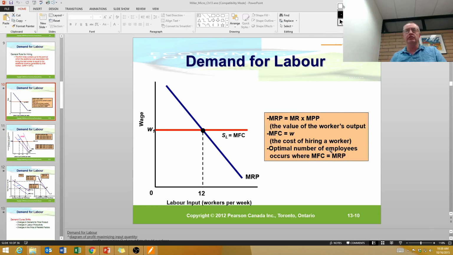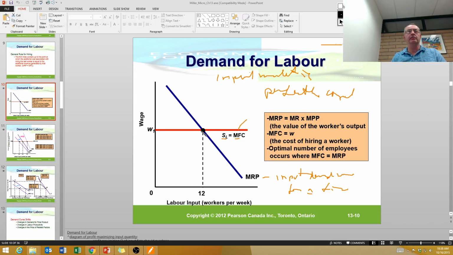Okay. So this says the same thing. The marginal revenue product curve is the input demand curve for any particular firm. And the marginal factor cost curve is the supply curve for the input facing an individual firm, assuming that the input market is perfectly competitive.